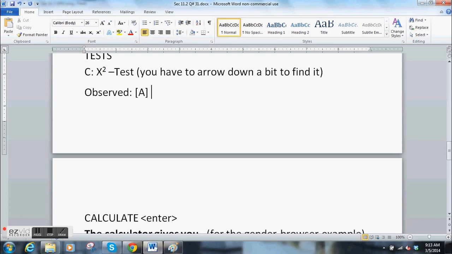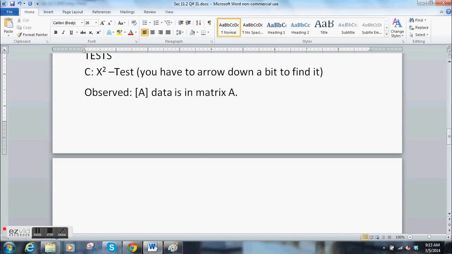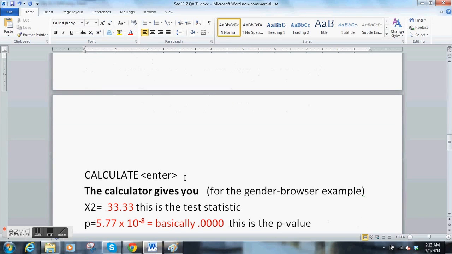And that's saying that the data that you entered is in matrix A. You just put the data in matrix A, so yes, your observed count is in matrix A. That's good. And this other part that says expected, and then it looks like this, B, that's telling you that the expected counts will be in matrix B.